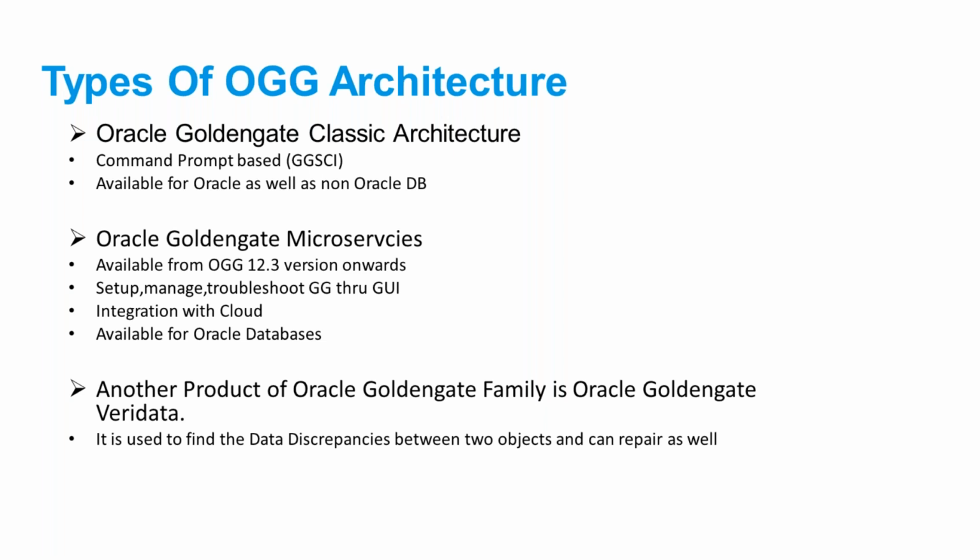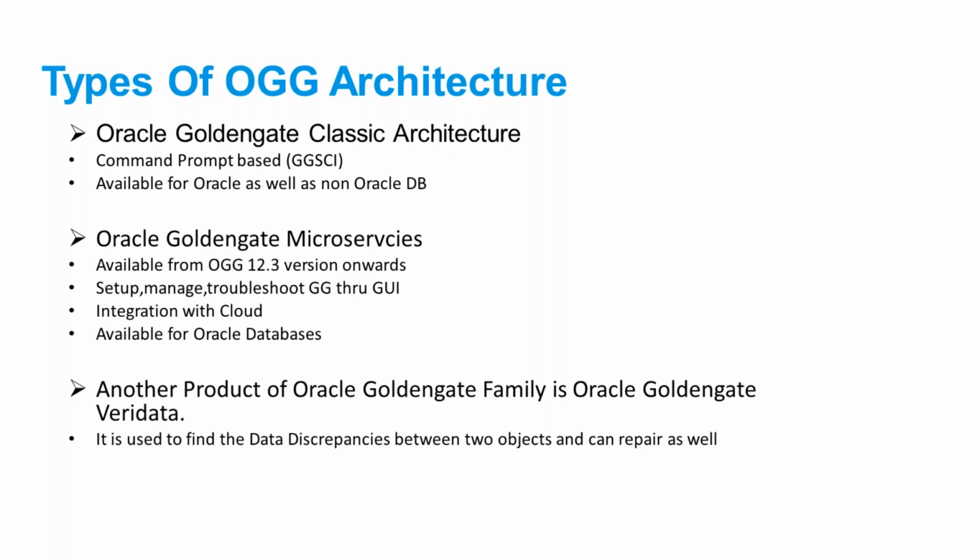You must have heard this term microservices a lot. Most of the technologies are moving to microservices. Same Golden Gate has done. So to stay afloat in the market, to go with the future, so that this technology doesn't go obsolete, Oracle Golden Gate has upgraded itself to microservices now, and it is there to stay for the next 7 to 8 years at least.